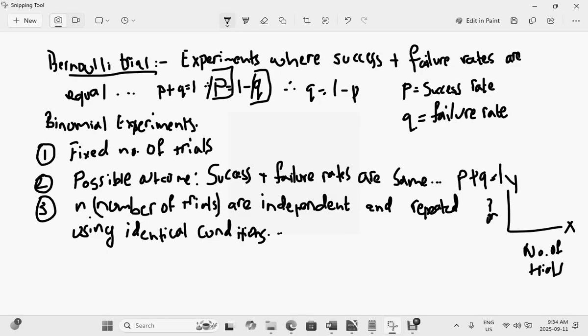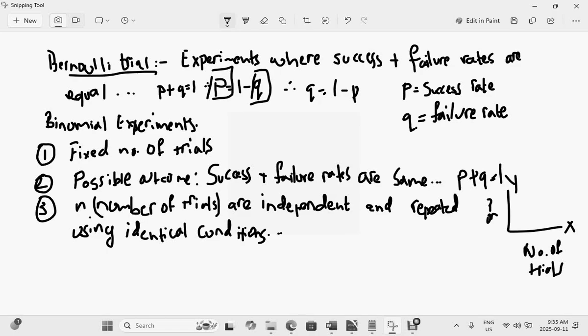And you may have a fixed number of trials, which means that the study coordinator, for example, may decide to go ahead with a fixed number of trials, let's say test out 10 or 15 participants.